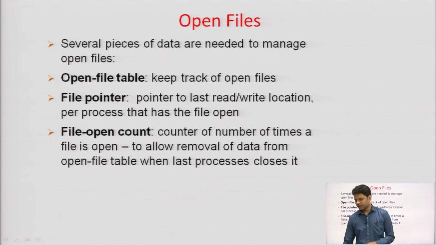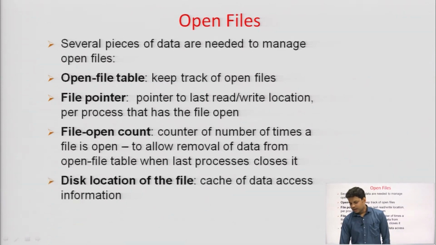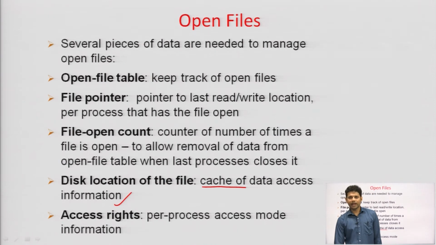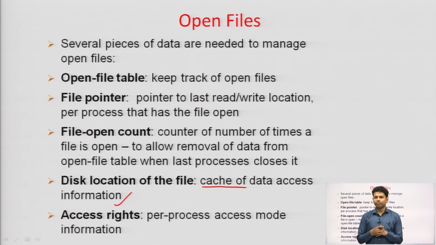Disk location of the file tells where the file is stored on the hard disk. Then there is a cache of data access information, and access rights, per process access mode information. For every file there must be an access right, so whomsoever can access that file.